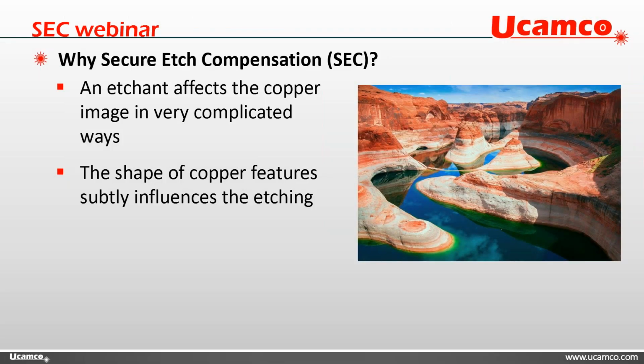So first, maybe we talk a little bit about why you want to compensate your copper image. Of course, your customer wants to have a certain width of your tracks and a certain size of your pads. But the etching is not going down straight below.